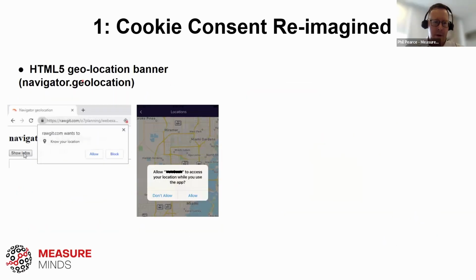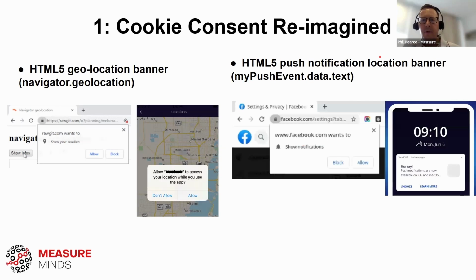There are actually some existing standardized frameworks on the web. Here we've got the navigator HTML5 attribute for geolocation, where it's accept or block. It's basically the same everywhere in terms of look and feel. Similar for HTML5 push notifications, where you get block or allow.